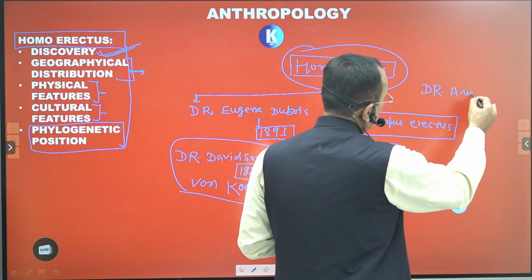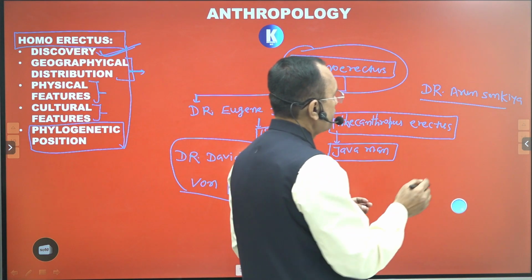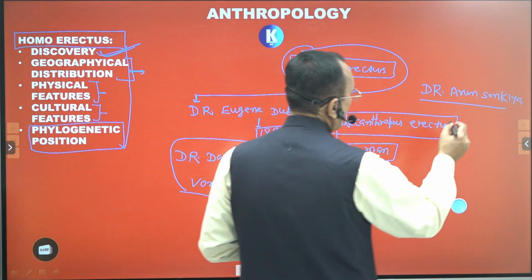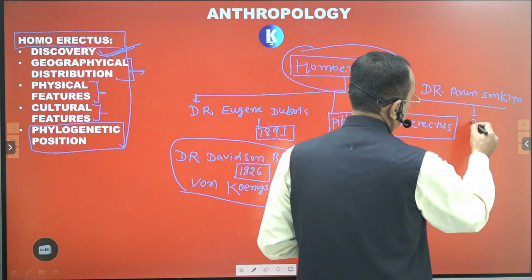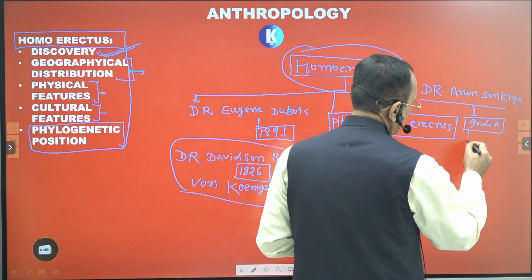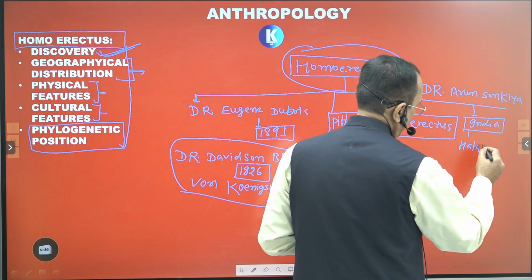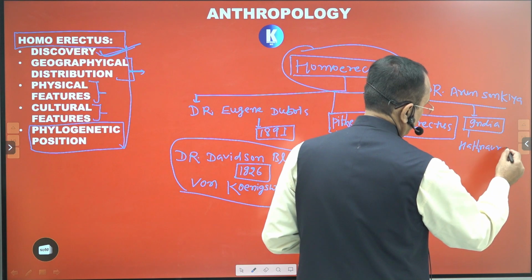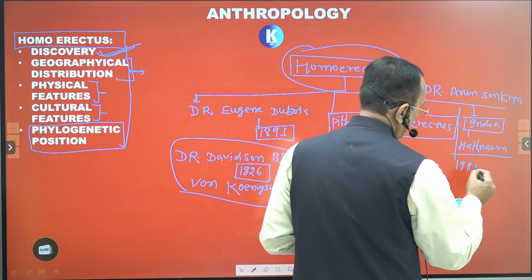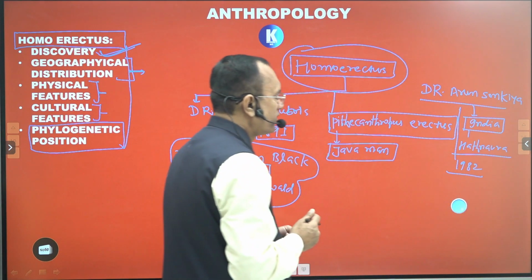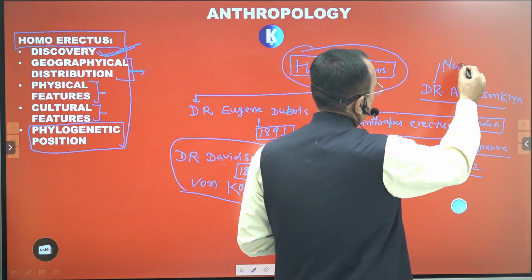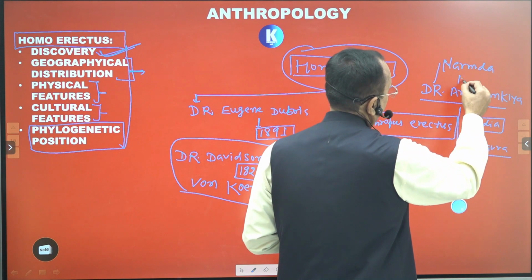Dr. Arun Sonakia discovered fossils related to Homo erectus from India, basically from Hathnora in Narmada Valley in 1982, right? And therefore that fossil is also known as Narmada man, right?